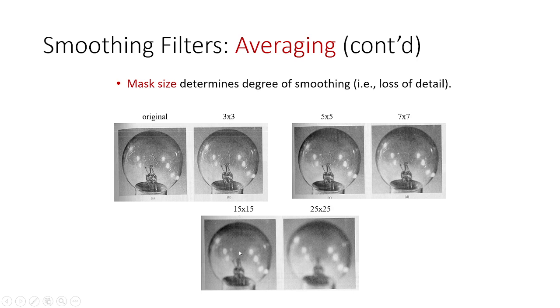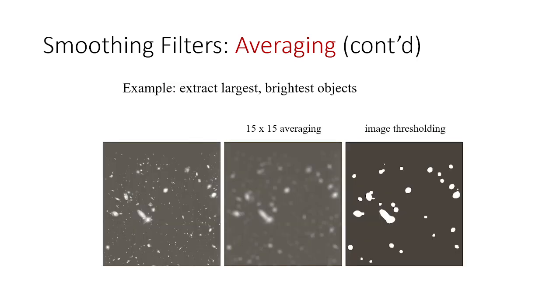That means that particular area of the image is blurred using this smoothing filter. So this is averaging.